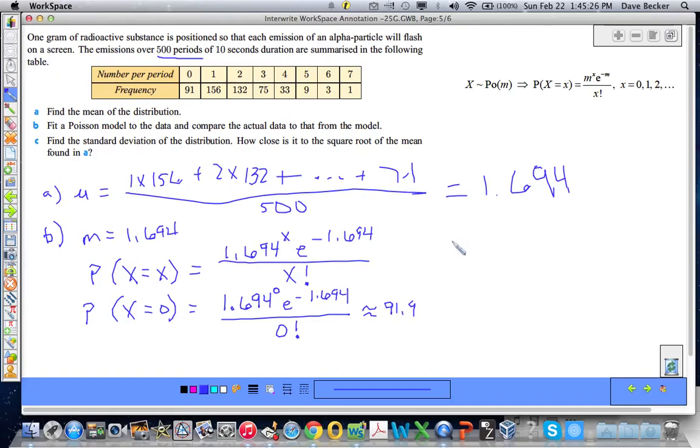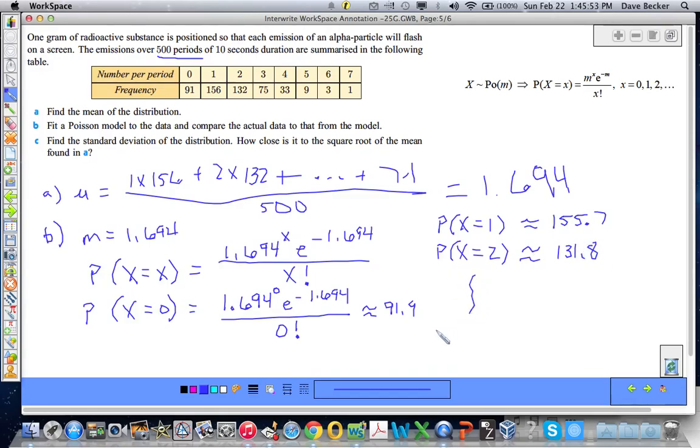So the probability that x equals 1, by the same procedure, I will tell you, is 155.7 if you want to try it on your own. The probability that the random variable x equals 2 is approximately equal to 131.8.